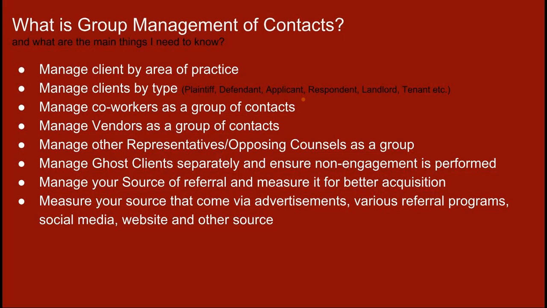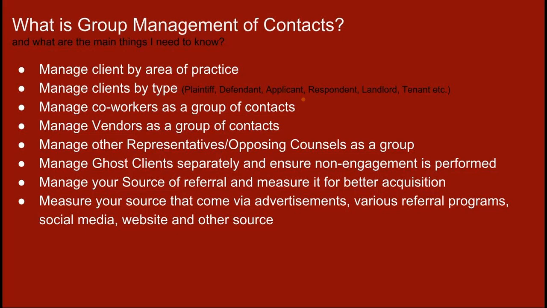And one way that you can maximize searching for contact is being able to group contacts based on many different facets. You can group your contacts based on the relationship that they have with your law firm, right? So a client is a relationship. It's a client relationship, but it's a contact to begin with. You may have the information stored about a defendant who is the opposing party, let's say doing a plaintiff's claim.